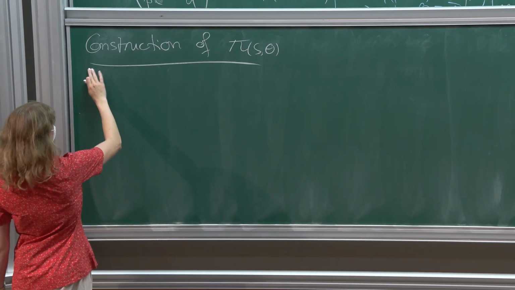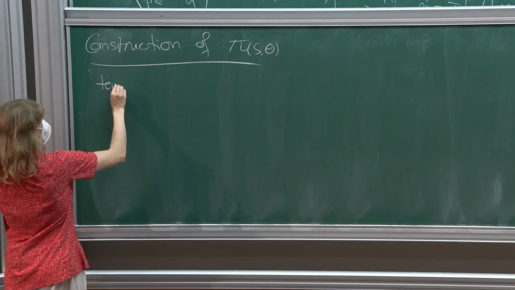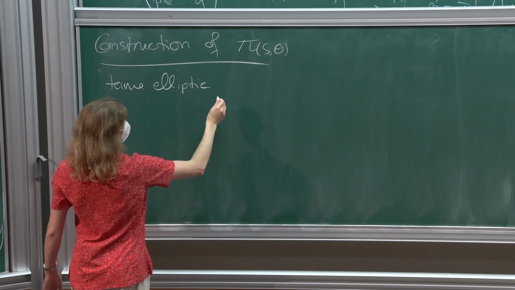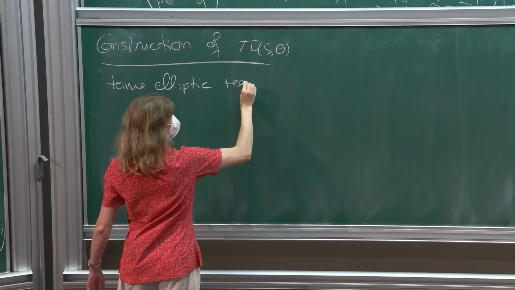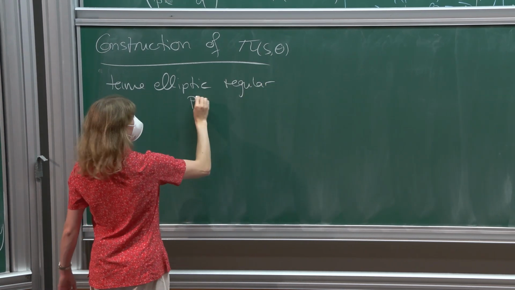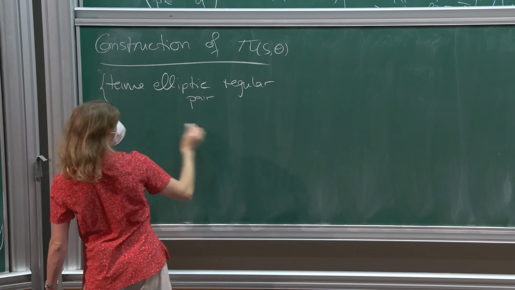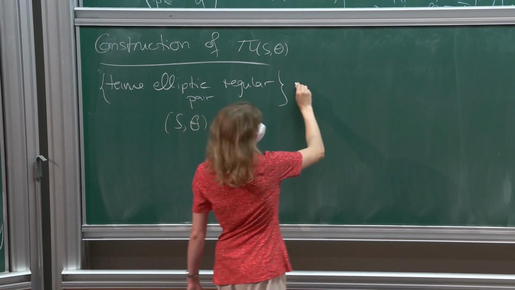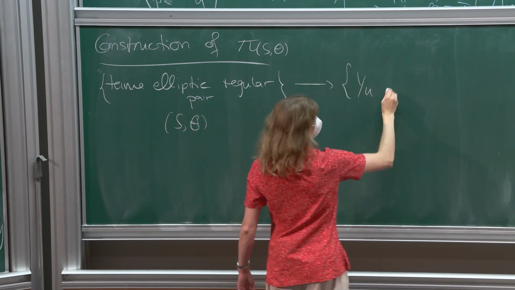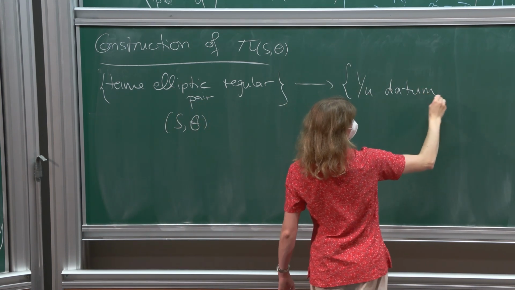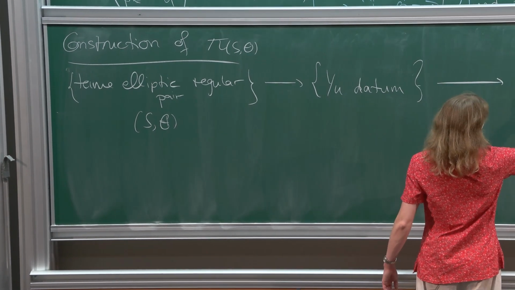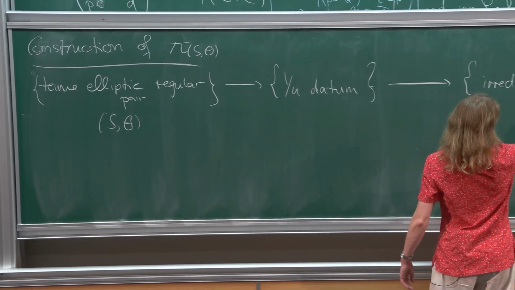Well, we start with our tame elliptic regular pair S theta. And then from there, we want to construct the U datum. And then from there, we know how to construct the irreducible supercuspidal representations.